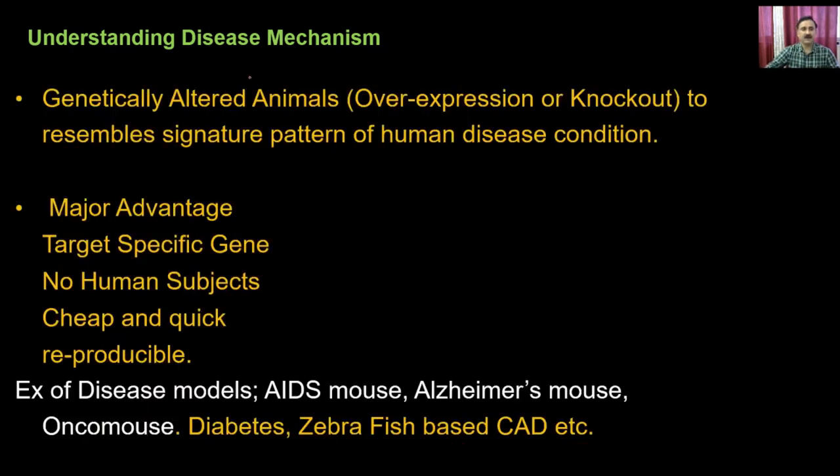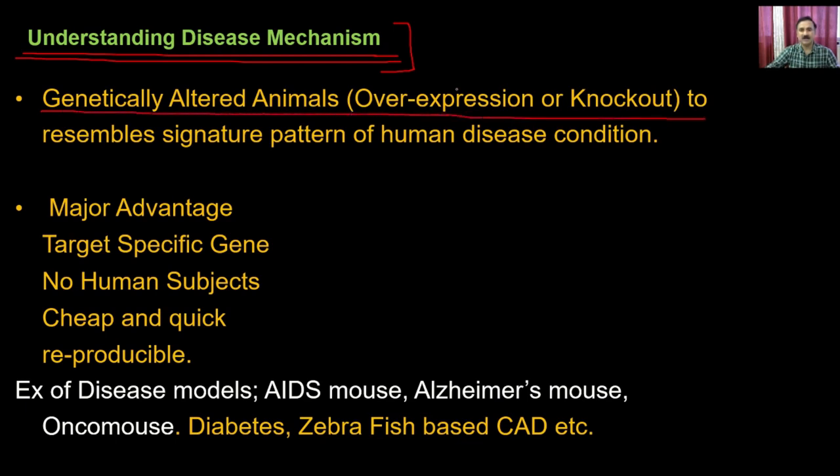So the first, understanding the disease mechanism: the transgenic approach is helping in multiple ways. For example, these are genetically altered animals, either by overexpression or knockout, and they resemble the signature pattern of a particular disease condition.